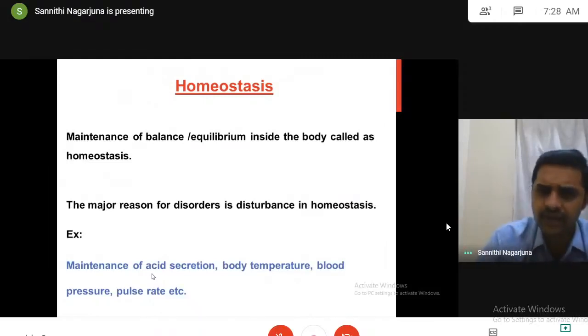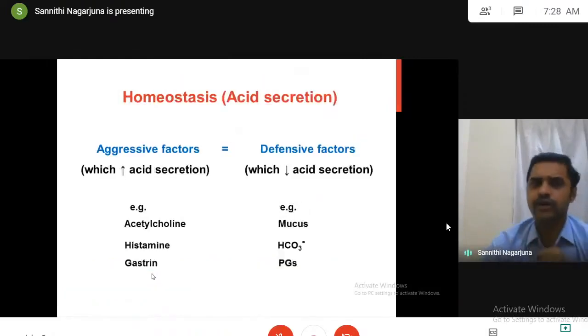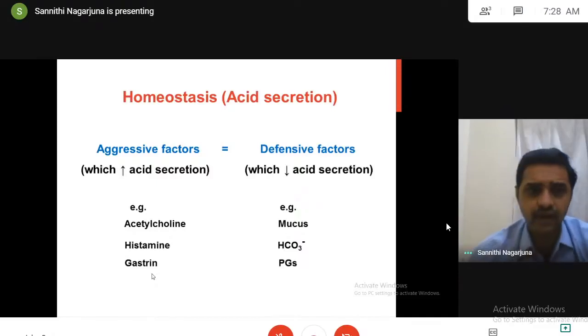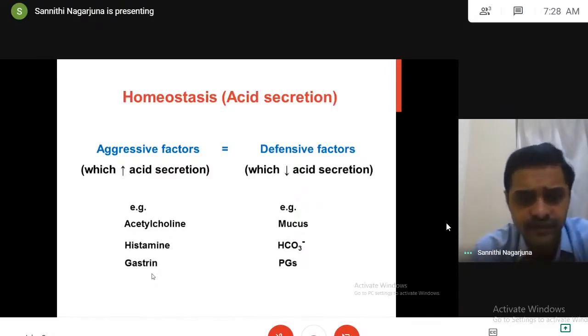Likewise, for every disorder, be it diabetes, hypertension, thyroidism, ulcers, or whatnot, the reason is disturbance in the homeostasis. So our duty is to find where the homeostasis was disturbed, where it is increased and where it is decreased. That is very important.